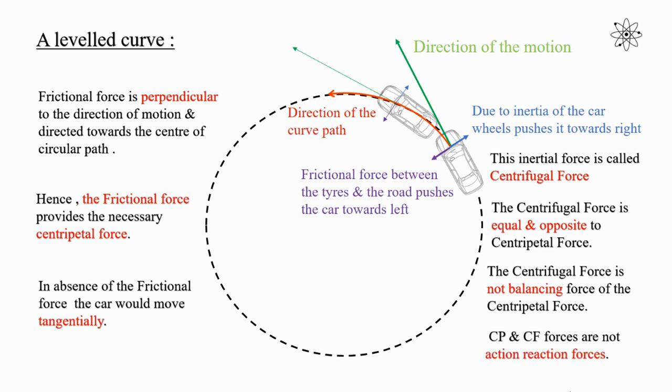It is because the centripetal force and centrifugal force are not action-reaction forces. The condition for action-reaction forces is that they should act on two different bodies. But here you observe, students, the centripetal force and the centrifugal force both act on the same body in the given example, that is the car.